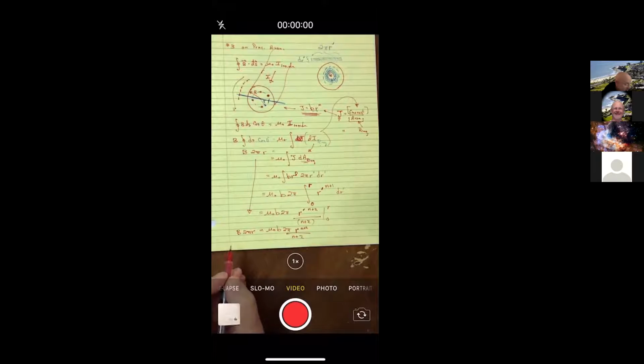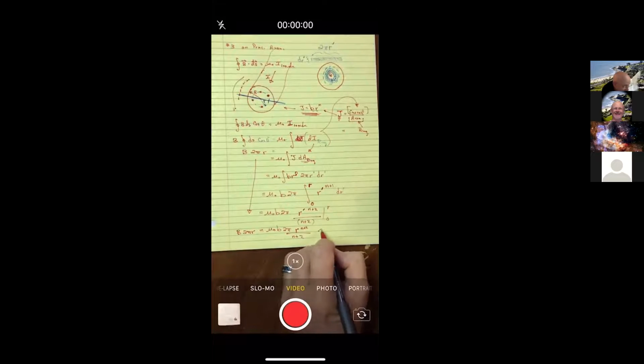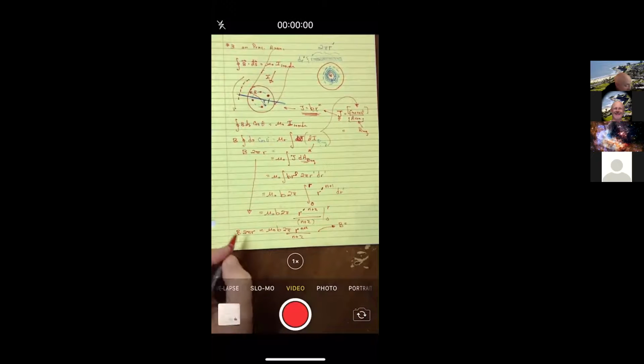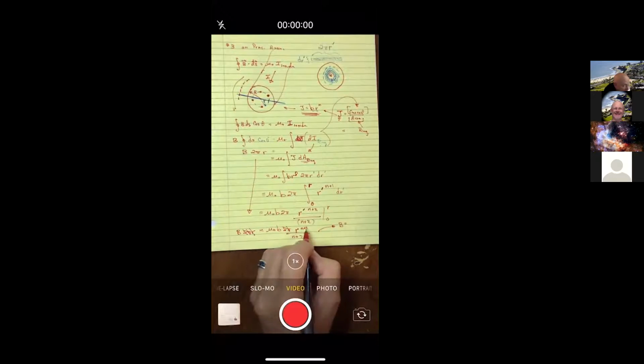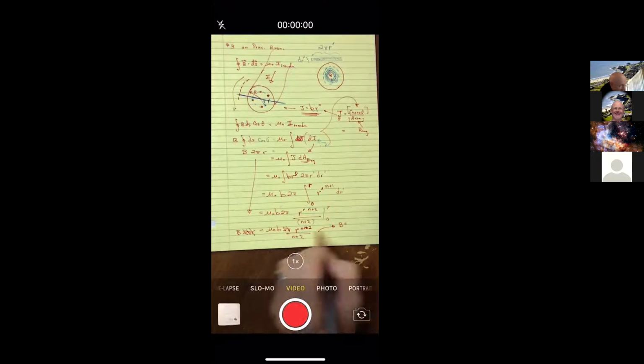And here's the important last step. Maybe I can just squeeze it here on the side. If I cancel off a 2 pi, and then one of these r's, this reduces to an n plus 1. I get this final equation: mu naught times B times r to the n plus 1 divided by n plus 2.